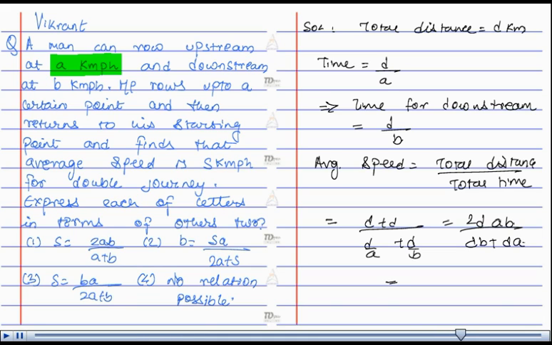So it will turn out to be 2ab upon a plus b, which is the average speed. Therefore, the answer turns out to be first. Thank you.